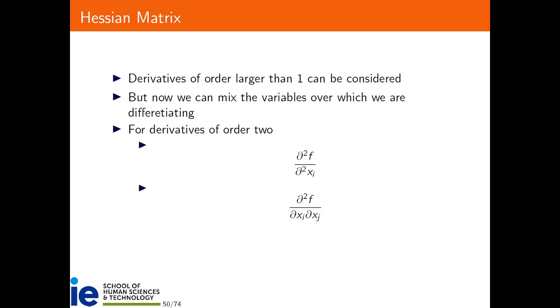But equally, I could compute first the derivative with respect to x, and then the derivative with respect to y. Or I could do first y and then x, or I could do y and then again y. So I have many derivatives of order 2. And what we do is that we store them in what we call the Hessian matrix.